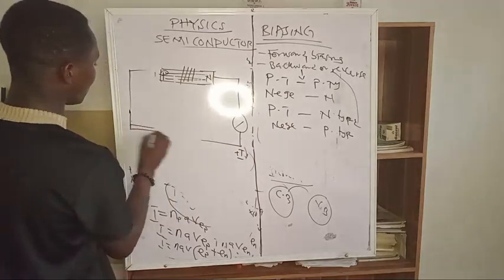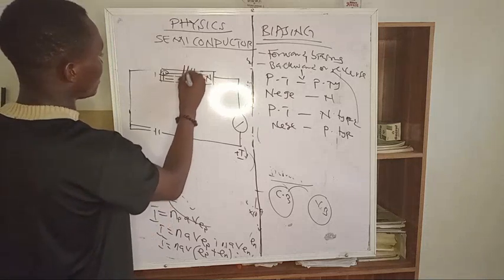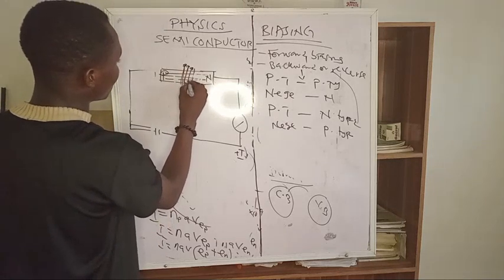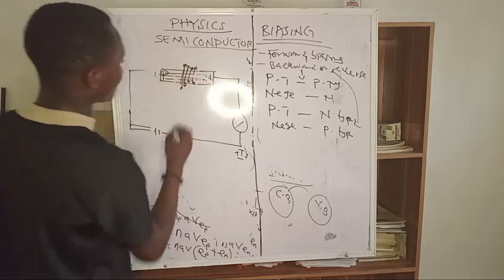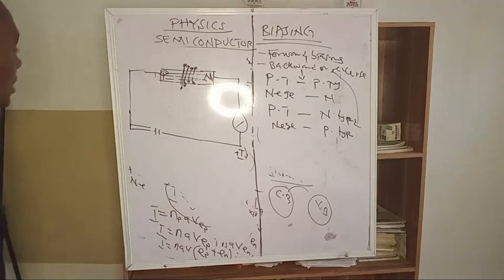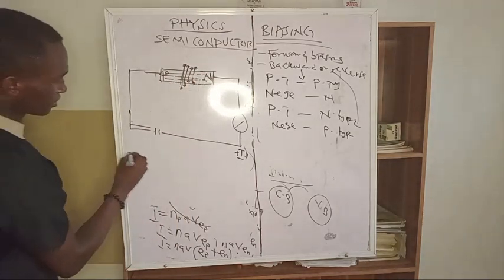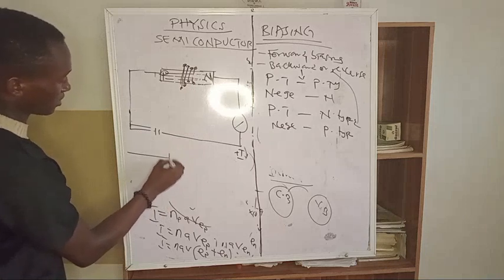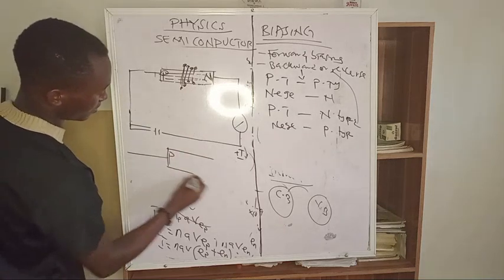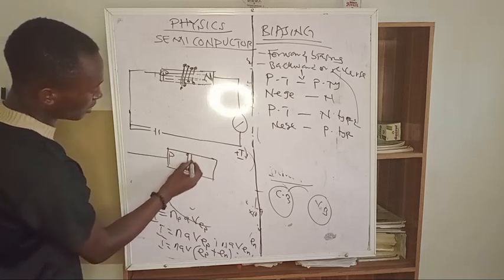So you have your cell here. These sticks are both there. This is the P type and this is the N type. So this is a forward biasing. Then for a backward biasing, what happens is that this one will reduce. So you have P. I will show you why it will reduce and become more tiny.